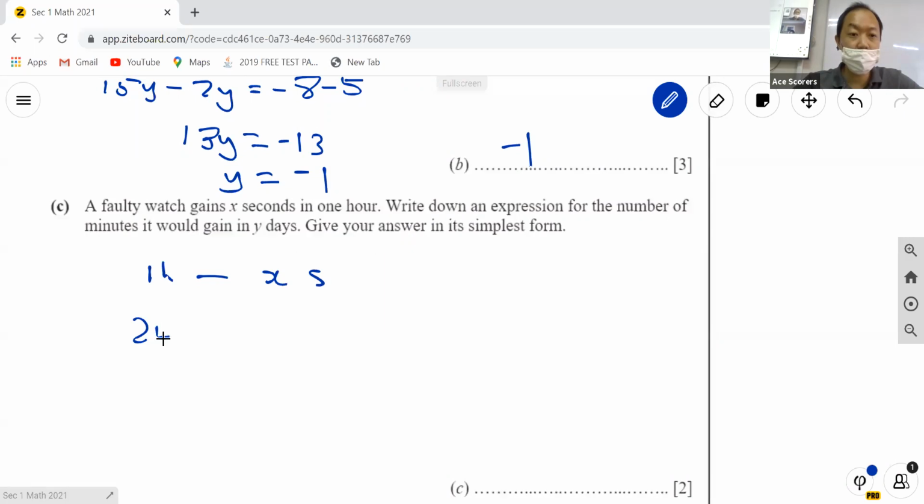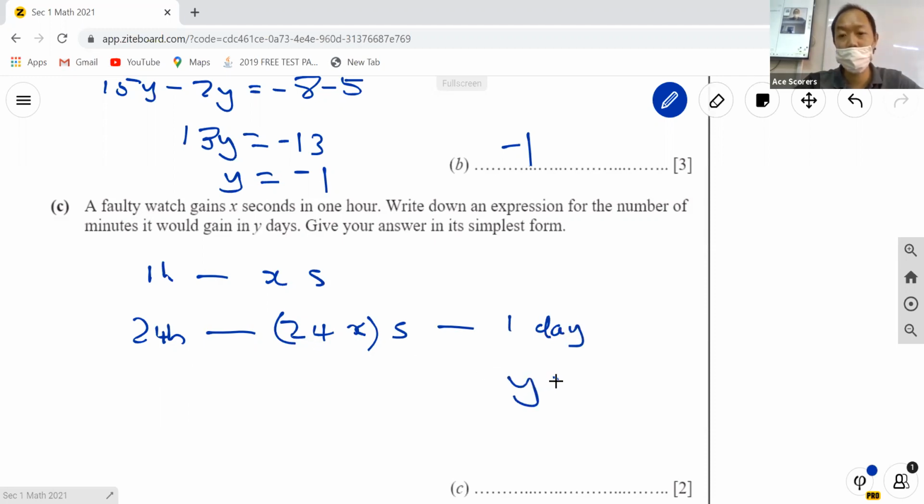So in 24 hours, it will be 24x seconds. So 1 day it gains 24x. Now how about y days? Y days is simply 24x times y. So we get 24xy seconds.